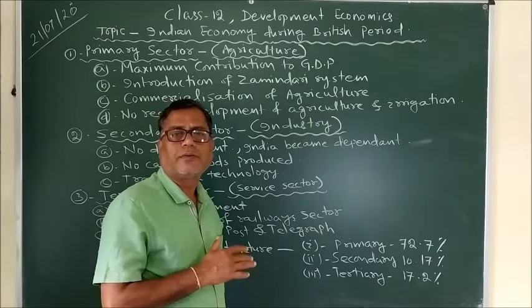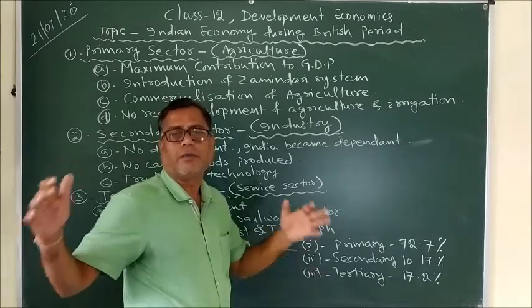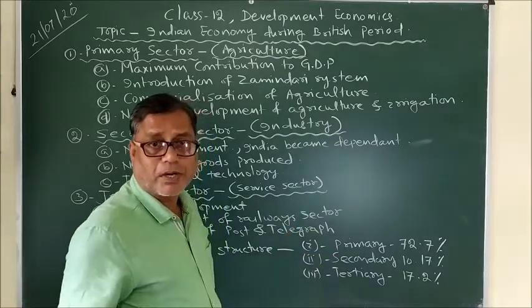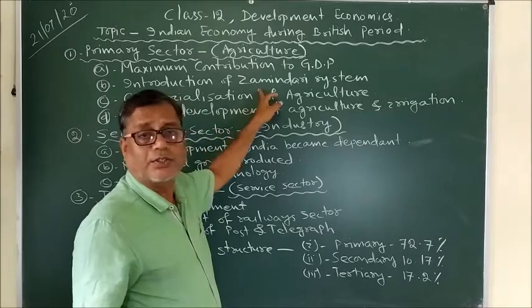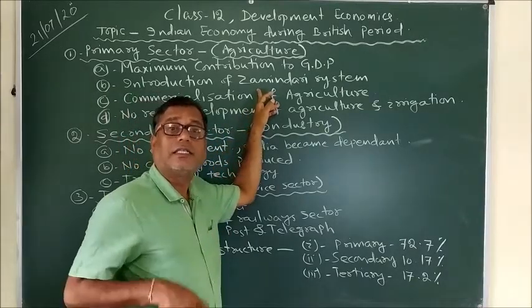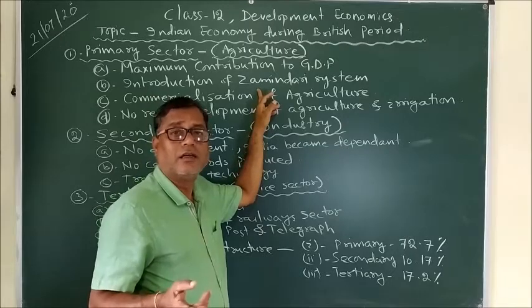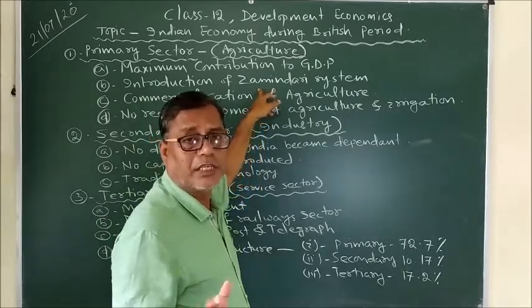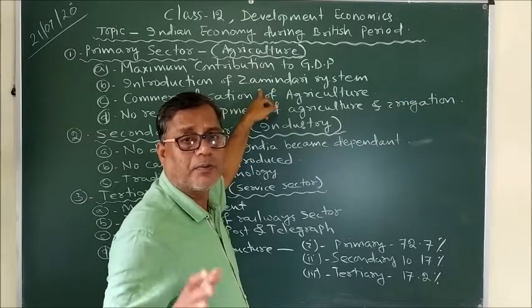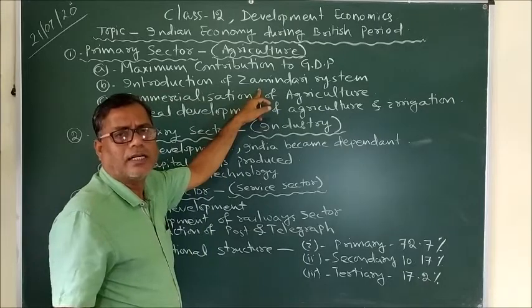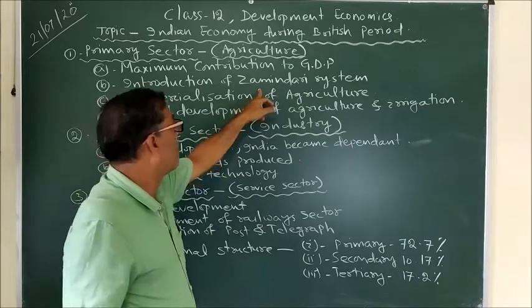Farmers started producing cotton on the major part of their land holding, but the British government fixed the price at its will, and it was a very low price, so the farmers even didn't get their proper return. So it was no more a profitable activity for the farmers.